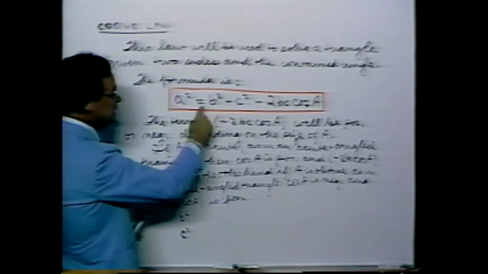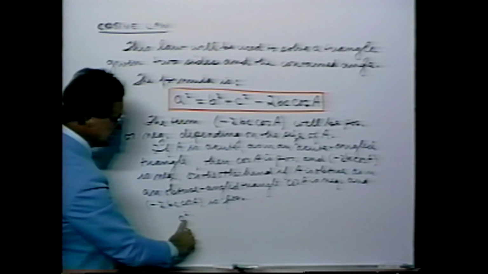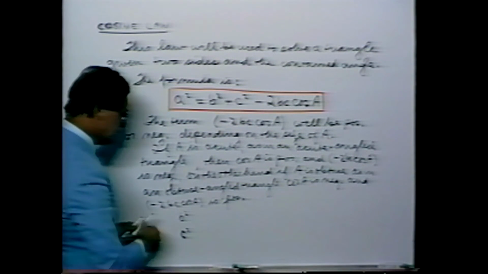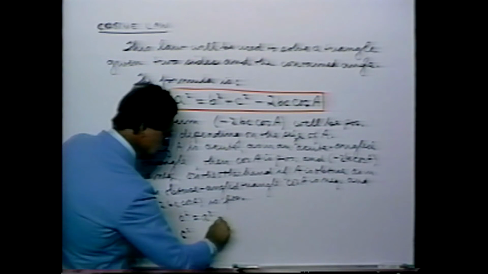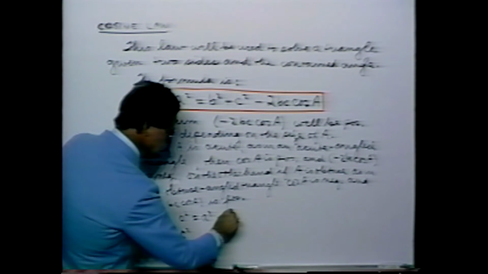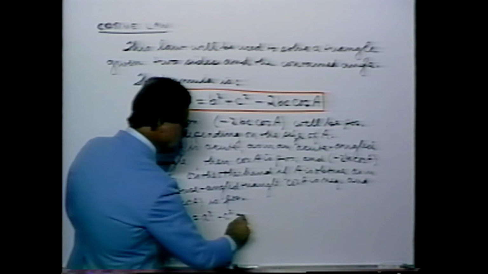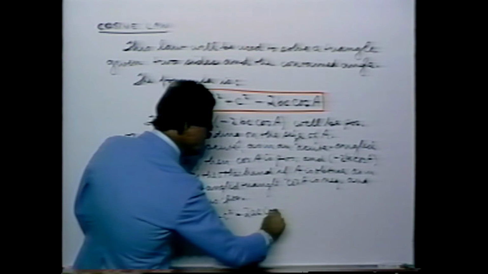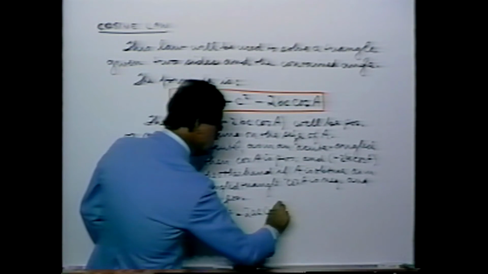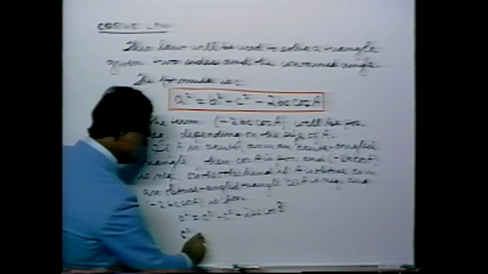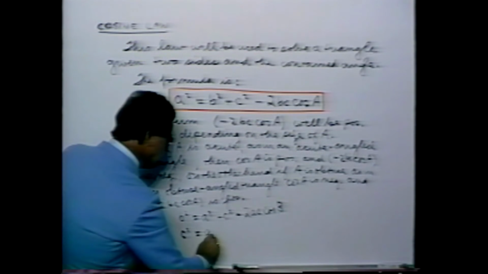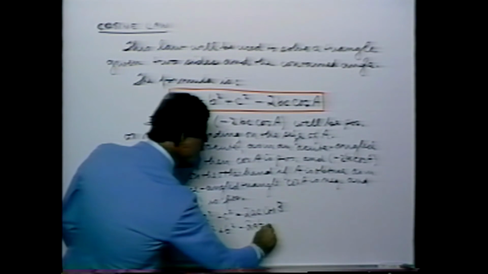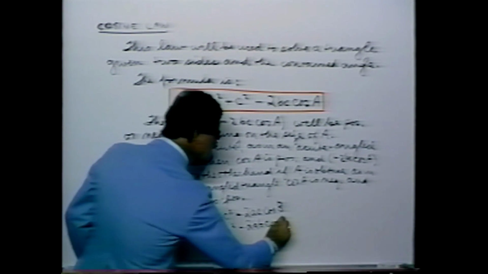If A squared equals B squared plus C squared, it stands to reason that B squared must equal A squared plus C squared. The rest of the pattern follows, minus 2AC cos capital B. Similarly then, C squared is equal to A squared plus B squared minus 2AB cos capital C.